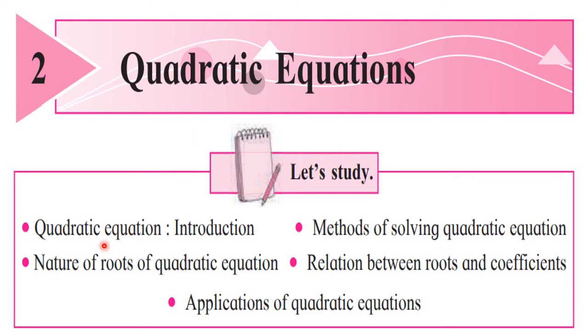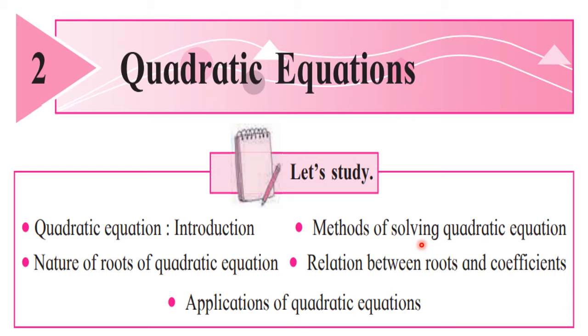In quadratic equations, we have topics: the general form of quadratic equations, then to check whether the given equation is quadratic or not. Then we have methods of solving quadratic equations. In that, we have factorization method. Second method is completing square method, which is omitted under the reduction in syllabus.